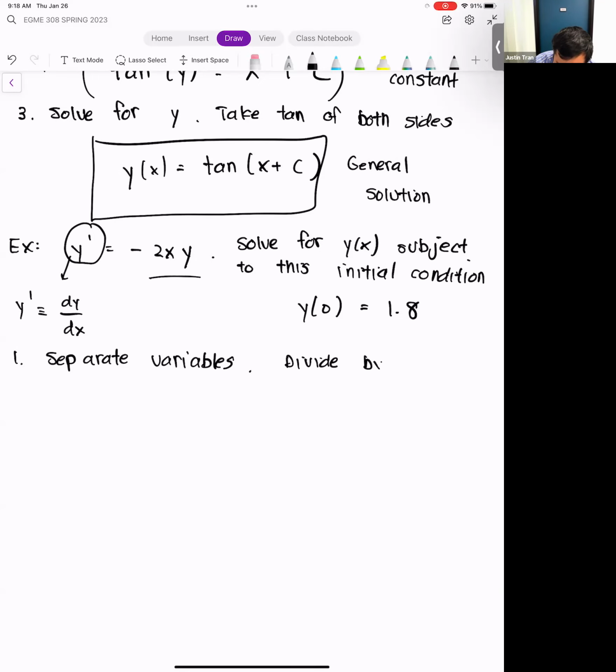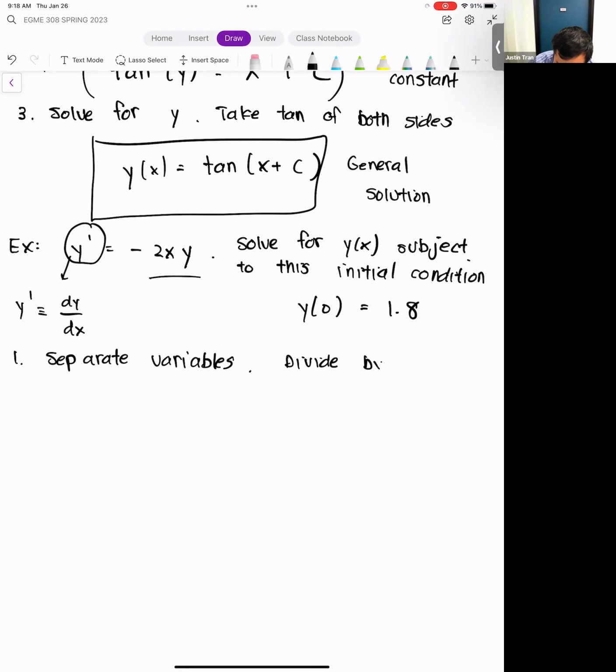All right, so let's go ahead and integrate. The integral of 1 over y dy equals the integral of minus 2x dx. The integral of 1 over y is also somewhat of a special integral. The integral of 1 over y is the natural logarithm of y, ln of y.